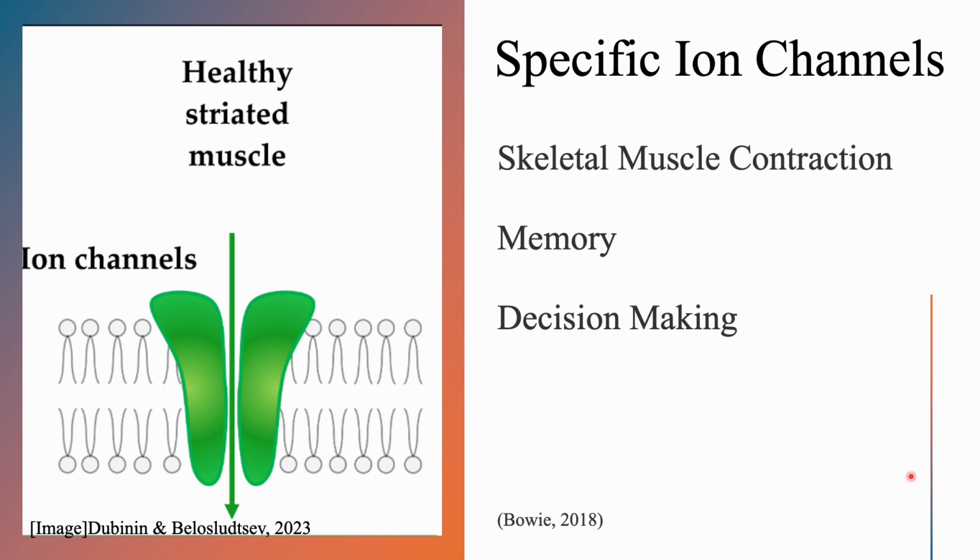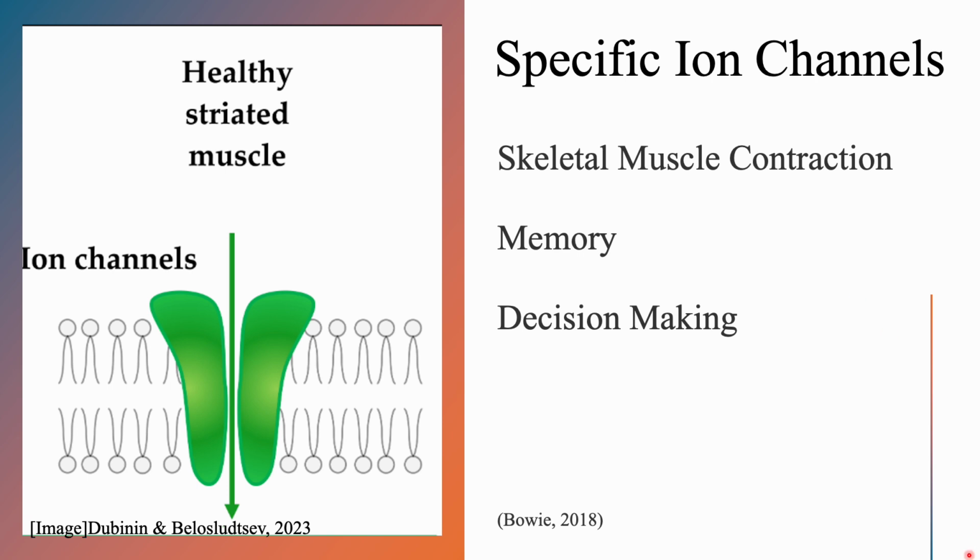So this process can happen a couple of different ways. Together, the combined effort of ligand-gated and voltage-gated ion channels are involved in heart and skeletal muscle contraction, for example. When it comes to memory and cognition, the central nervous system is involved.